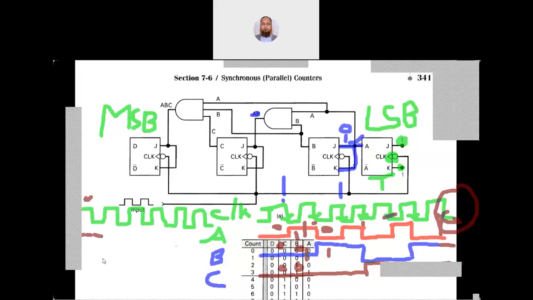This waveform is a continuation from the right side.